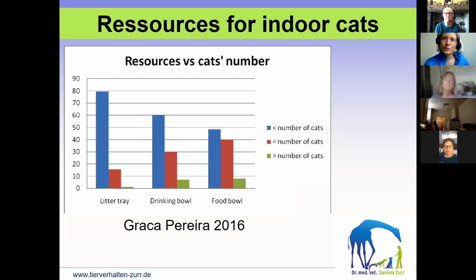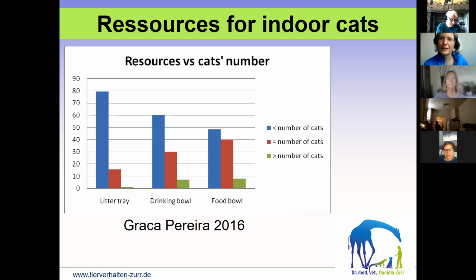And to show you how important it is to look at these tiny details, I have a slide from my colleague Gonçalo Graça Pereira from Portugal, and I'm sure it's true for the US and South Africa and Germany and wherever. They just checked how many cats are in the household, and compared to the number of cats, how many toilets, drinking bowls and food bowls do they have.